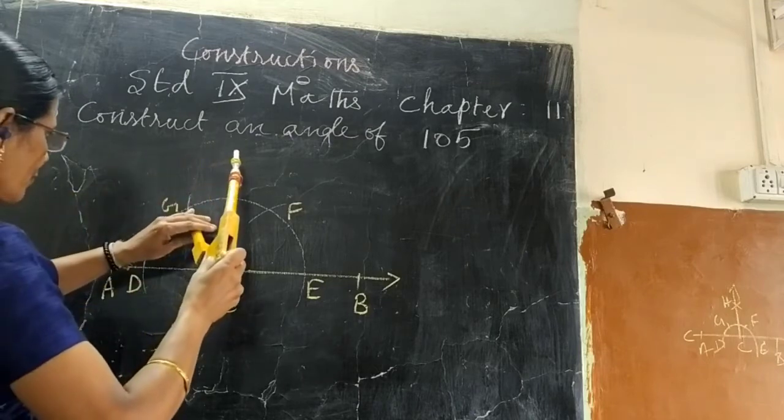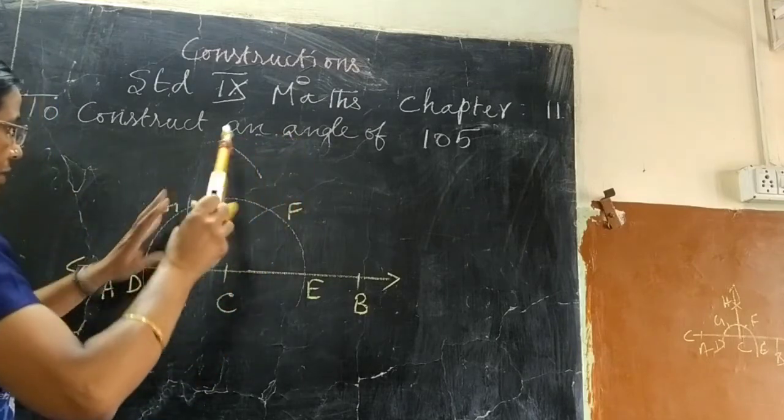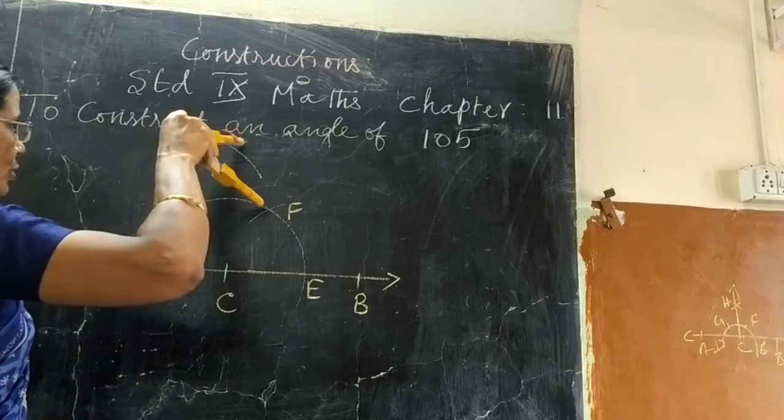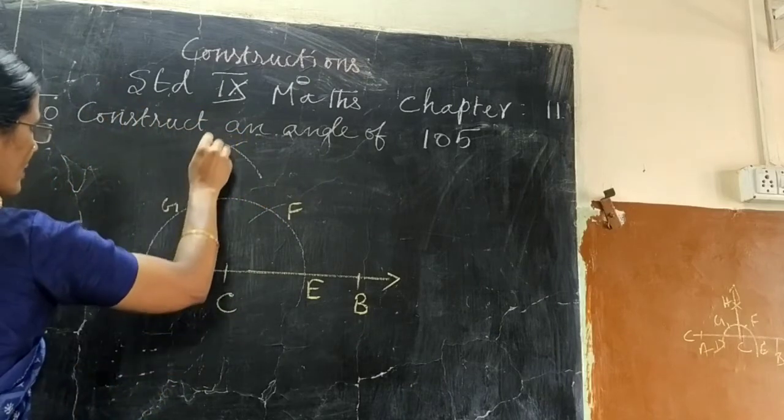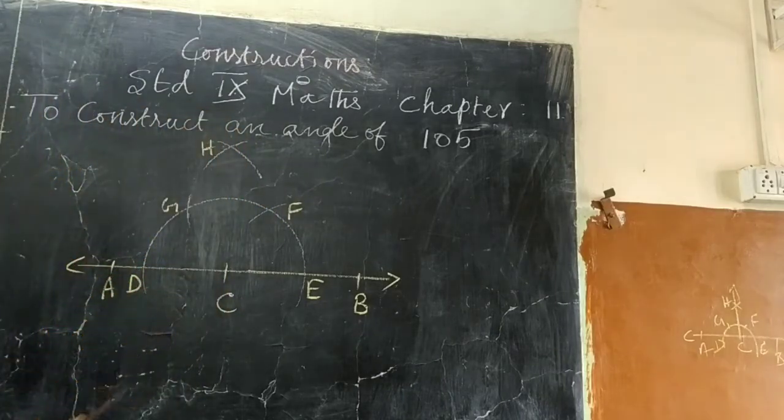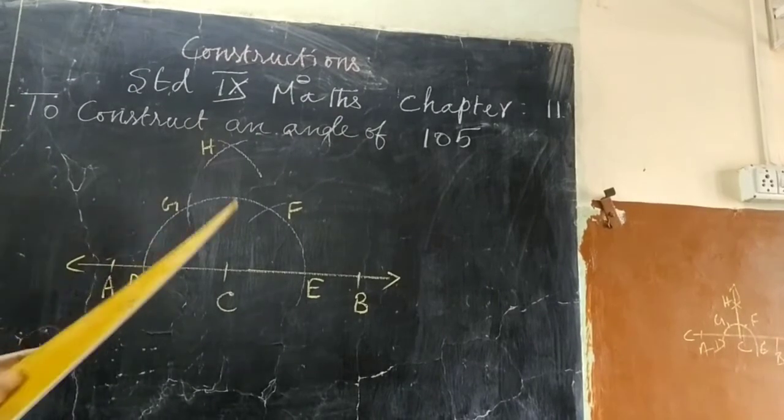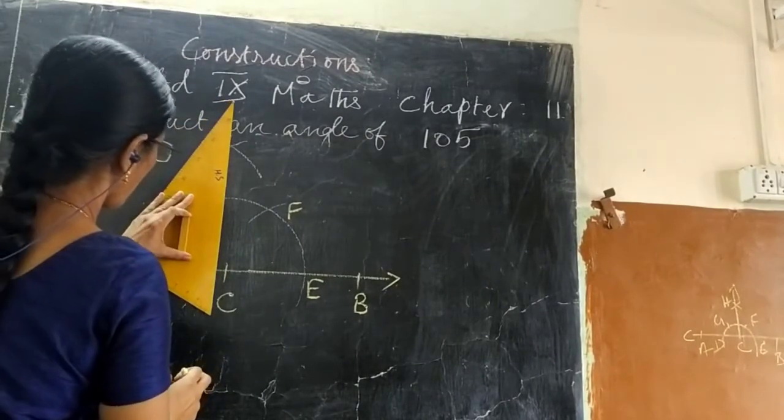From G and F, we are going to draw two intersecting arcs, and the point of intersection we are going to name as H. If we join CH, we will get 90 degree.